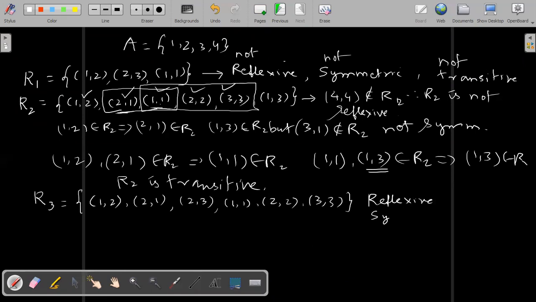We have to check reflexive and then symmetric. Hello? Yes, tell me. Tasneem, whether it is reflexive or not.